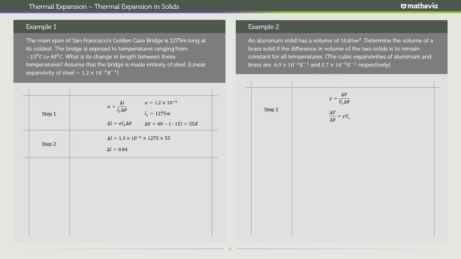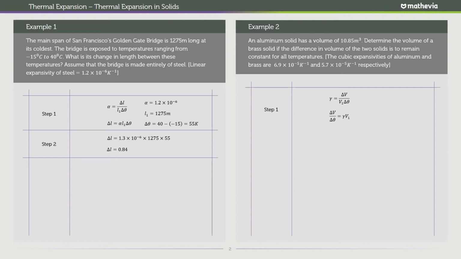If we work that, change in volume divided by change in temperature would equal gamma times V1. The reason I've expressed the formula this way is because we're told that change in volume and change in temperature are constant.